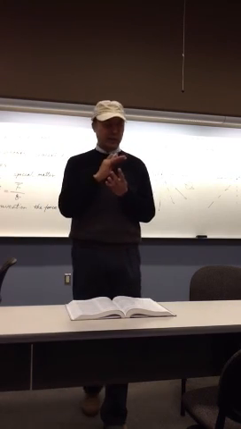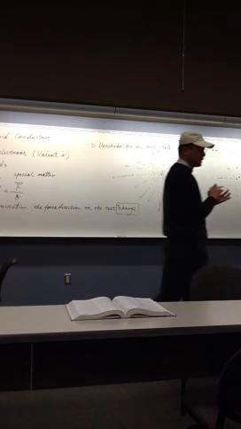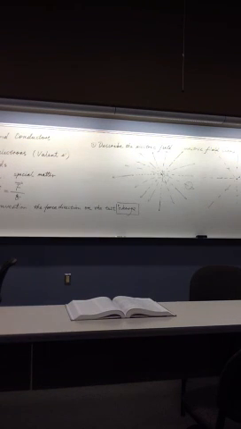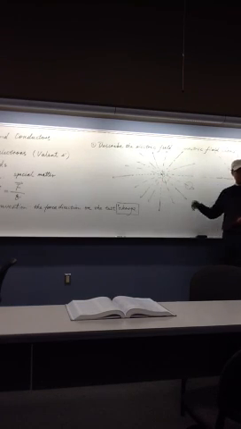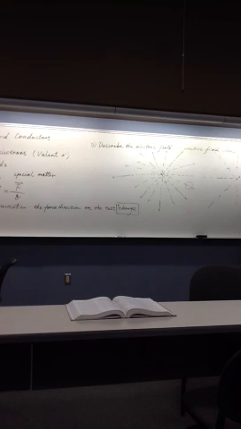Those lines are imaginary. Secondly, those lines always go out from positive charge, right? Always going out from positive charge. And in this picture, those lines always go into the negative charge.